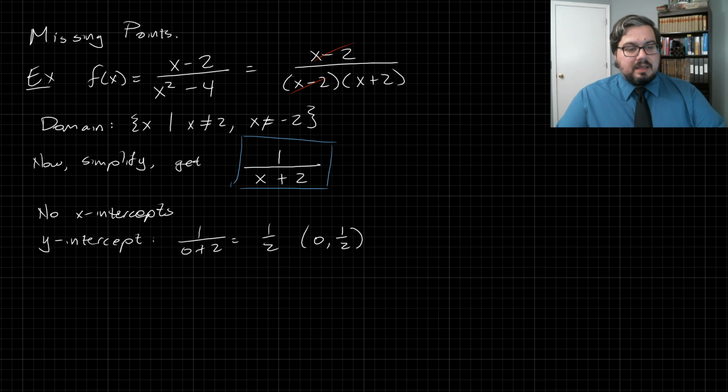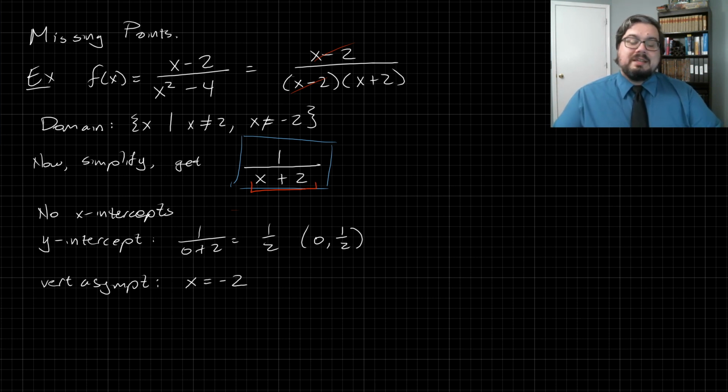All right. We have a vertical asymptote, which we can see based on the denominator. We can see in the simplified form that if we plug negative 2 into the denominator, we'll get 0, and so that's going to give us a vertical asymptote. And then we can see also the horizontal asymptote.